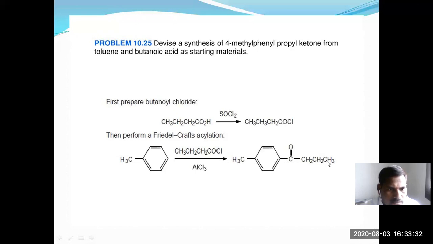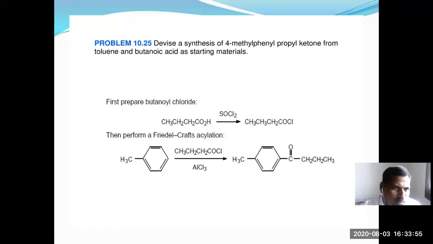Propyl ketone: this is the propyl group, and this is the keto group. One side is the alkyl group, which is propyl. The other side is phenyl, and that phenyl group is attached with the methyl group at the fourth position.